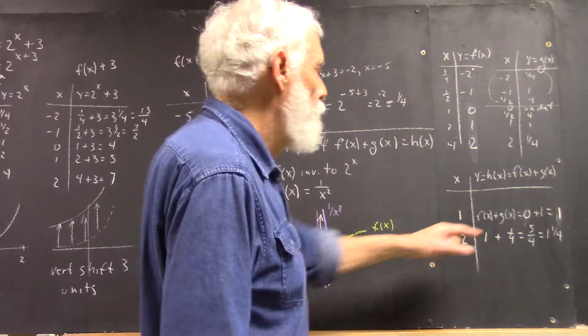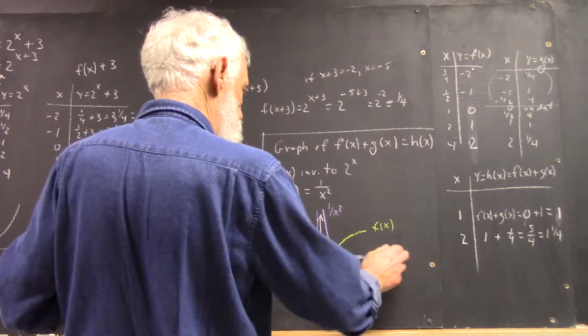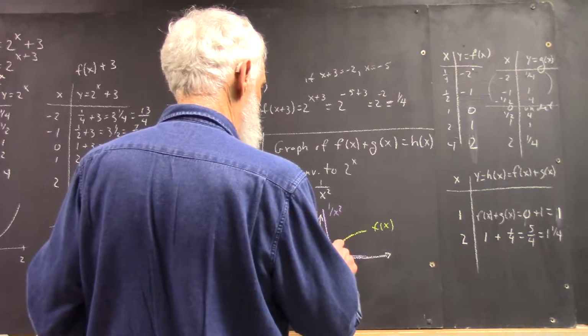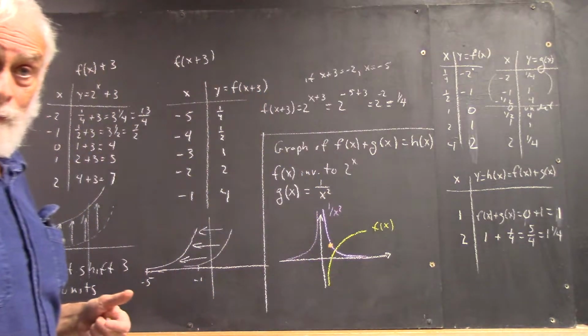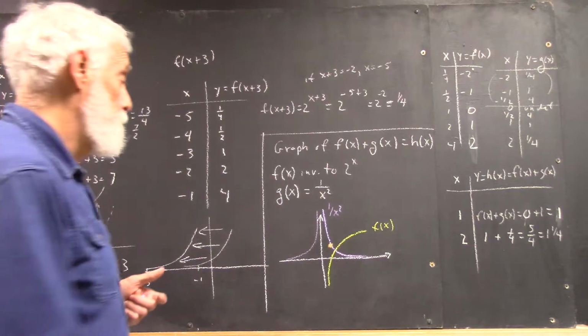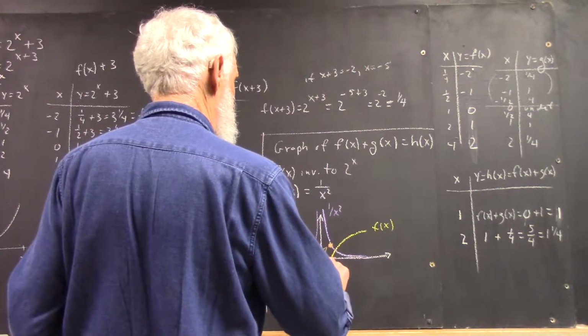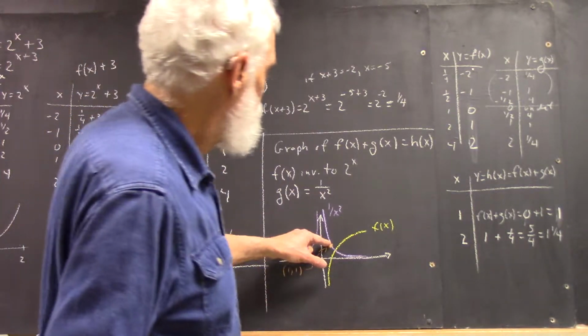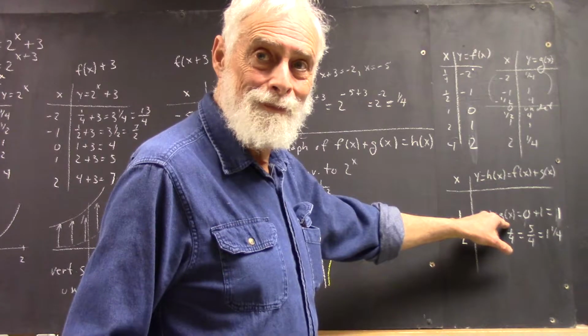Okay, well, the point x equals 1, y equals 1, well, here's x, here's y. X equals 1, y equals 1, well, that's just right here. Okay? That's the point 1, 1. And of course, it's on the graph of the 1 over x squared function because that's where we got the 1.